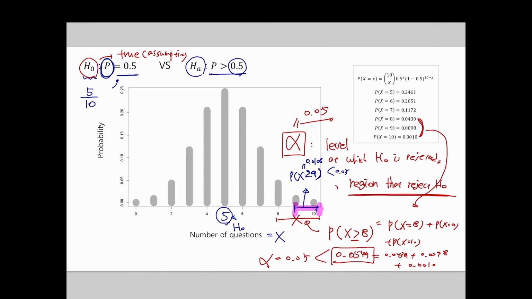Okay, and if you set alpha equal to 0.1, then the reject region is this part.